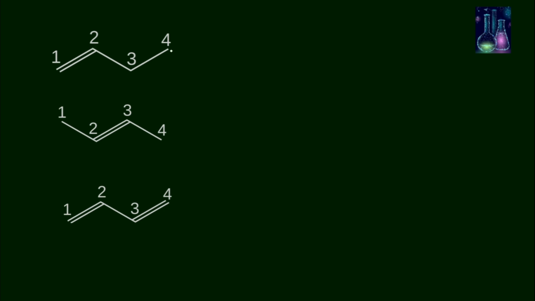Since the parent chain has 4 carbons, the parent root word will be but, and it has a double bond between the first and second carbon. We have to give the least possible number of the two. So 1 is the least. So the name of the molecule will be but-1-ene.